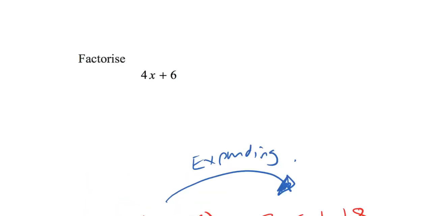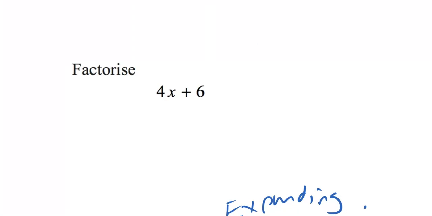Okay, so now that we understand what it is, let's take a look at another example. We certainly know that there are going to be brackets involved in the question. So let's look at these two terms, the 4x and the 6, and think, what could be a common factor to both of these? Of course, 2 is a number that is a factor of 4x and a factor of 6, and it's the largest one that there is, so we're going to write that at the front.